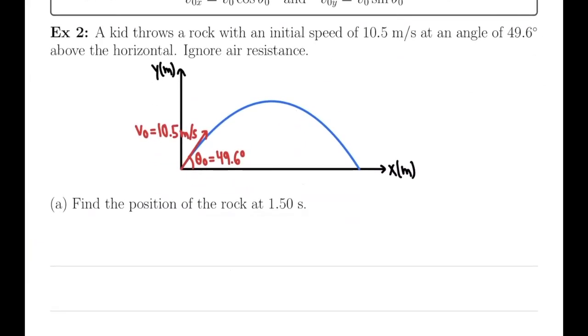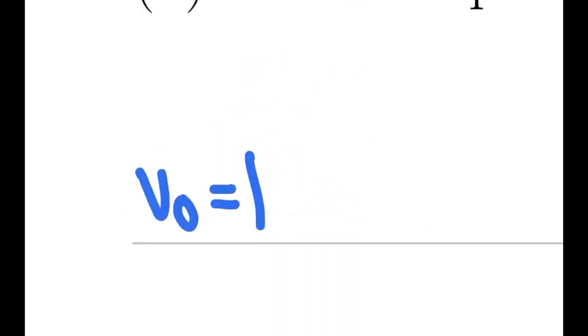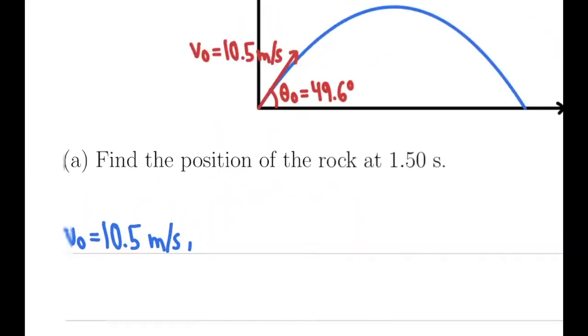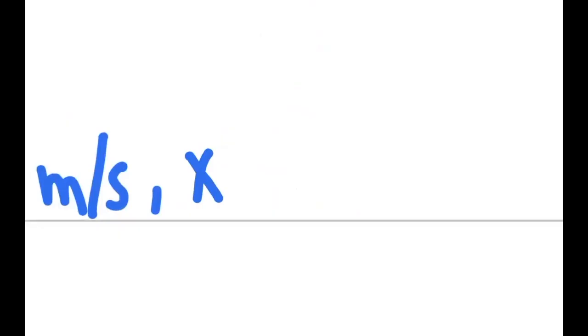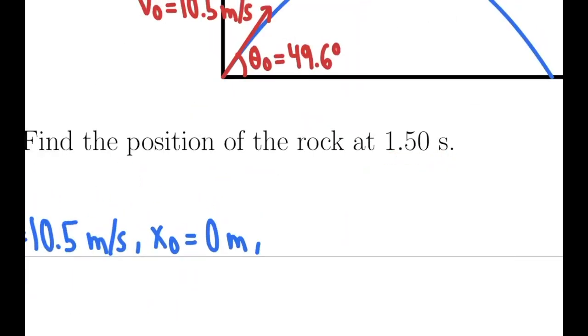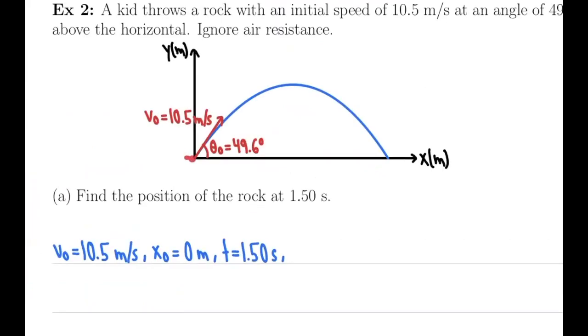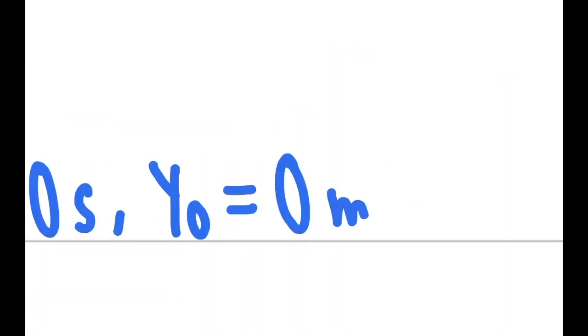So let me write all the knowns. Again, v naught is 10.5 meters per second. We have the initial x position, x naught is 0 meters. We have the time is 1.5 seconds. The initial y position is 0 meters.